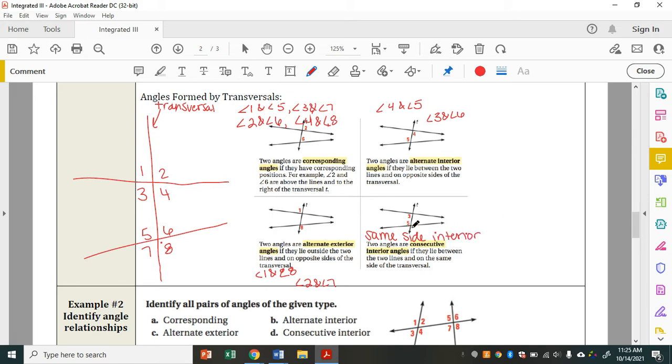A lot of the time I'm going to refer to consecutive angles as same side interior angles. That's just how I'm going to label them. When we talk about same side interior, we're on the same side of the transversal and we're inside the two lines. So angle 3 and angle 5 are same side interior angles, and angle 4 and angle 6 are same side interior angles.